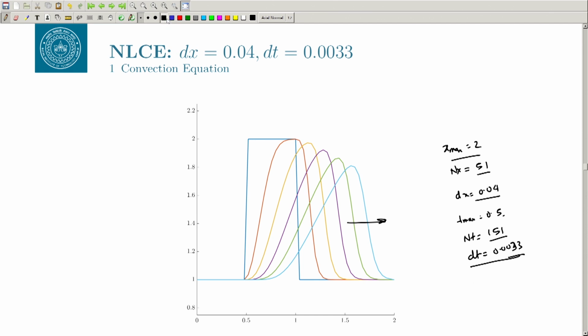Of course, it is not maintaining the shape because of the numerical diffusion and our grid is very coarse. But the other thing you notice is the difference between the gradient here and the gradient here. As it moves right, it is becoming more and more steep. This is called non-linear steepening.